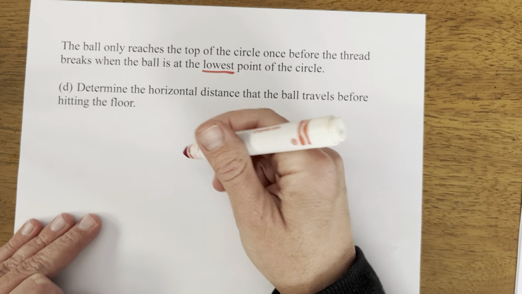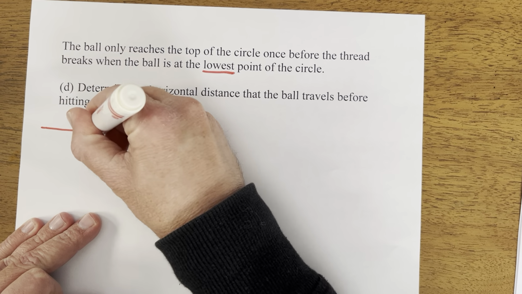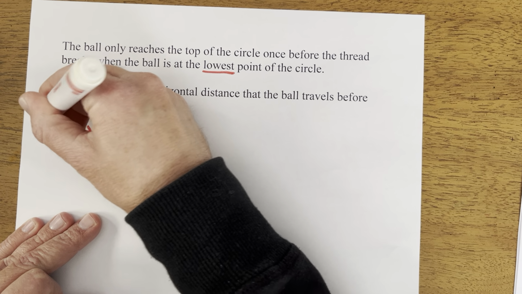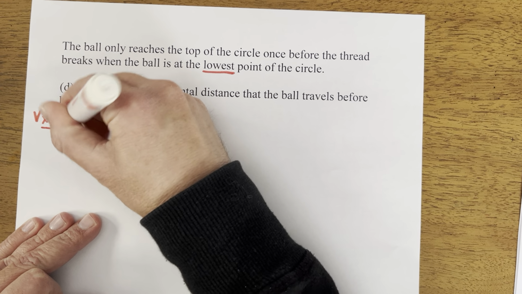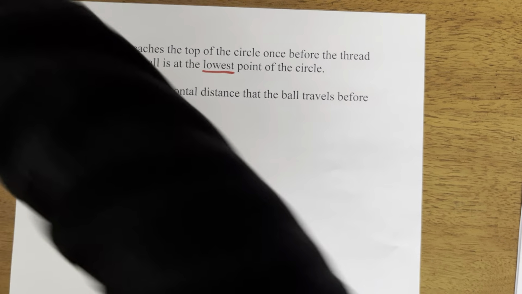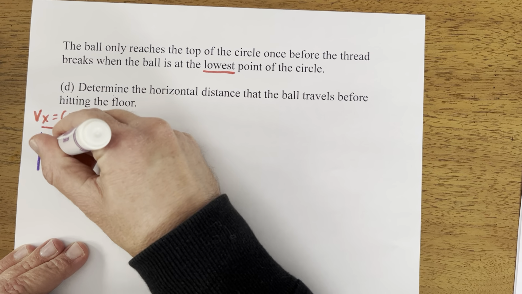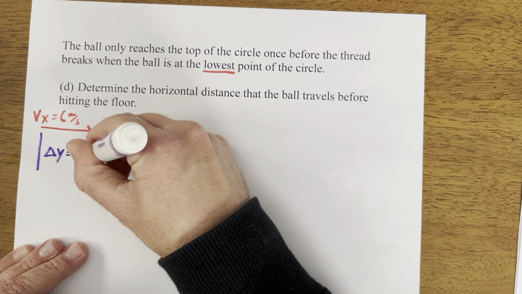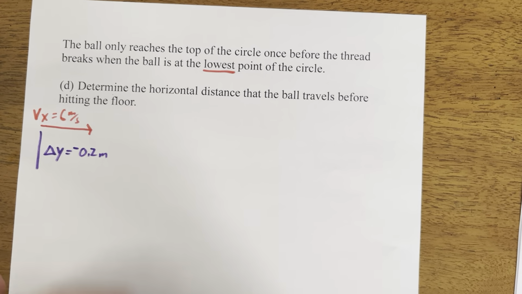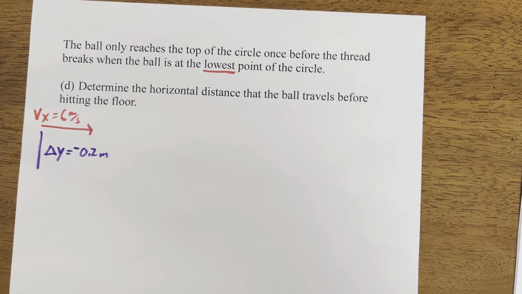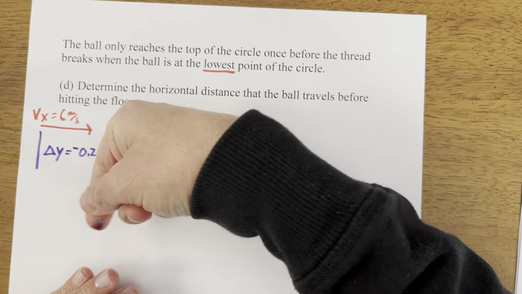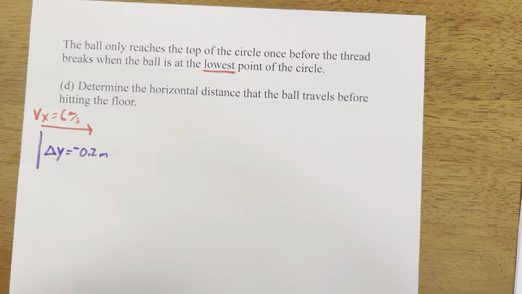All right, so first off, let's envision this. We've got a velocity to the side, we'll call that 6 meters per second, and that's our Vx. And we've got a height above the ground. That is our delta y, which is negative 0.2 meters, because we'll travel 0.2 meters downwards before we hit the ground.